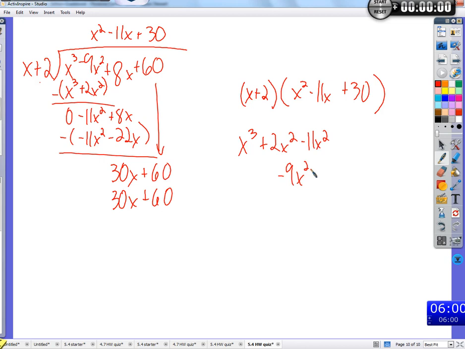That's great. But at the same time, we have to multiply negative 11x times 2. That gives us negative 22x. We want 8x, so we came up with this idea that if we add a 30x here, these will combine to the 8x that we want. So we put a 30 there. 30 times x is 30x. 30 times 2 works out nicely to be 60, just like we want. X cubed minus 9x squared plus 8x plus 60.